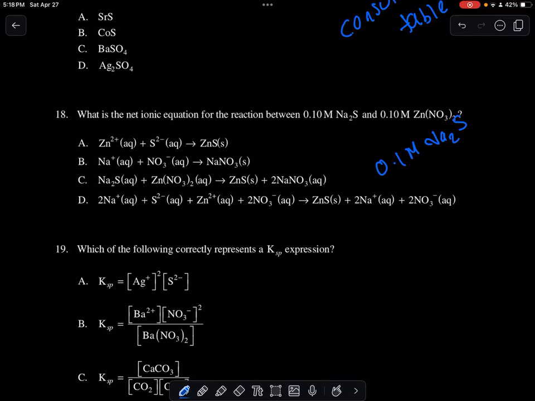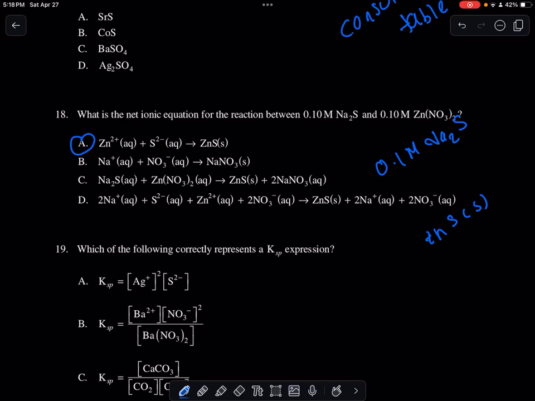The next thing is we need to know what is soluble and what isn't. So sodium nitrate is soluble. So in this reaction, what's going to happen is we're going to make an insoluble precipitate of zinc sulfide. So the correct answer is A.